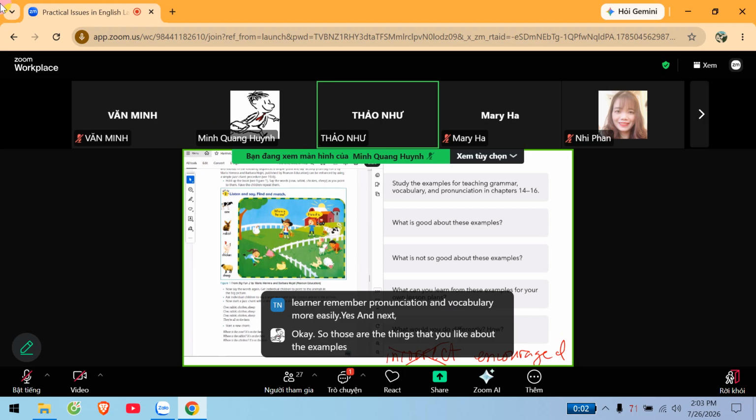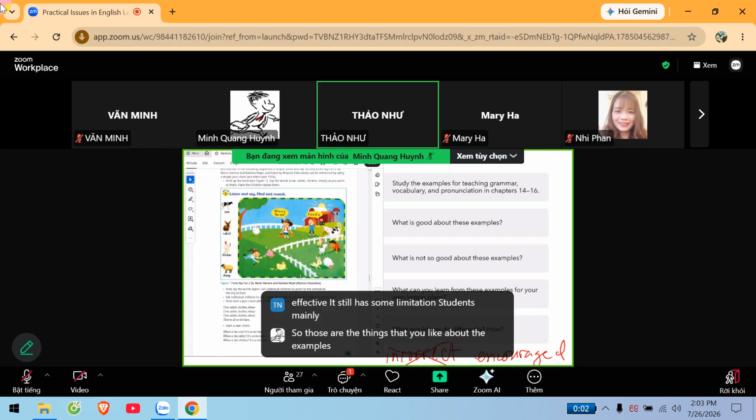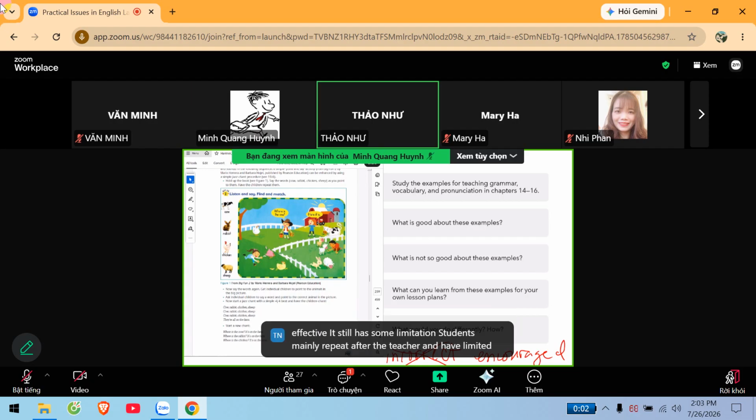And next, I think although the activity is effective, it still has some limitations. Students mainly repeat after the teacher and have limited opportunities to use the language independently.